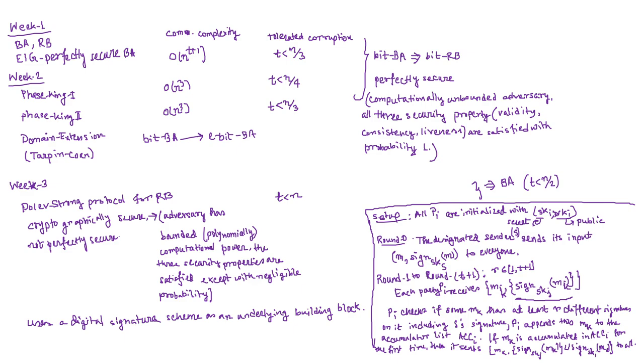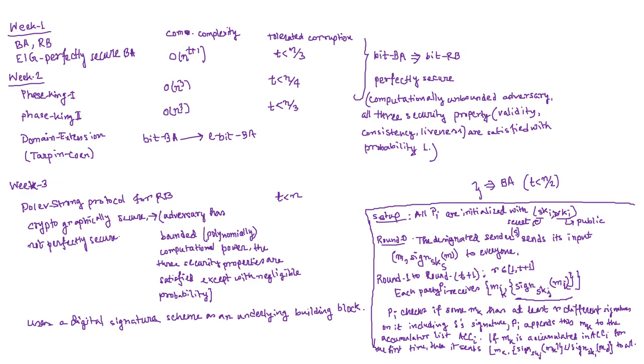This is what is done in each round between round 1 and round t plus 1. But at the end of round t plus 1, we expect that the common output is established as expected in a reliable broadcast protocol. And we had also seen how the consistency and validity of the reliable broadcast protocol is maintained here.